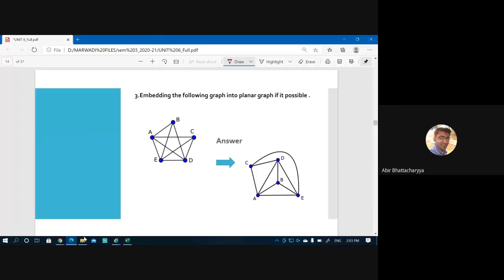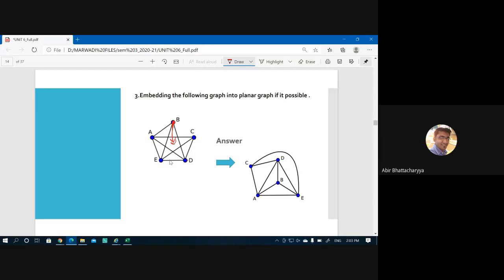So it's like this. This is a K5, and I only remove this edge. Okay, so it becomes a planar graph. So this is sometimes difficult, to make this graph embedding. Okay, so try to move this vertex in such a manner, like D. What we have done here, we take this B into the inside of the graph, okay.